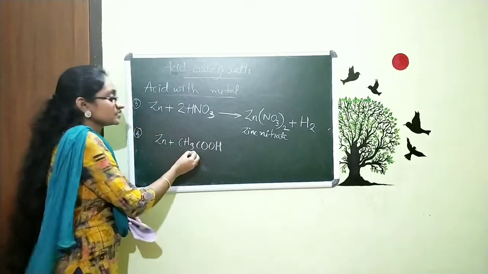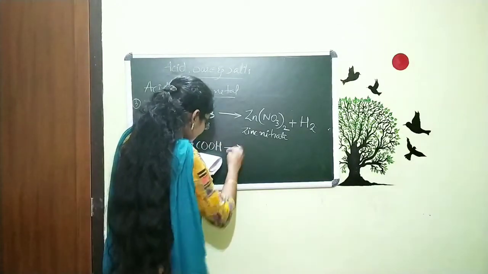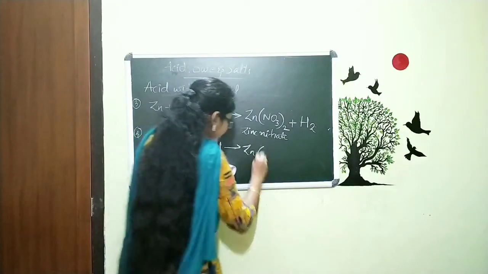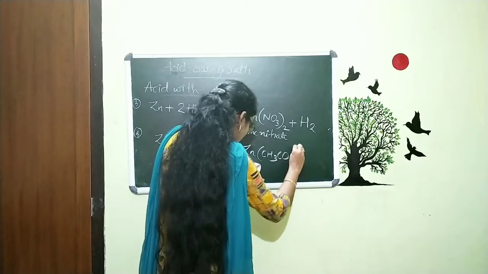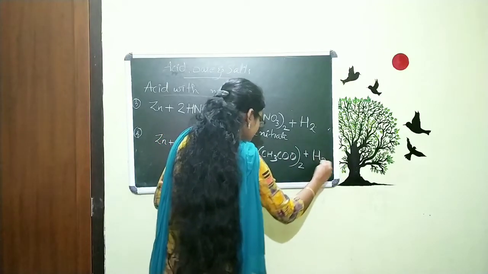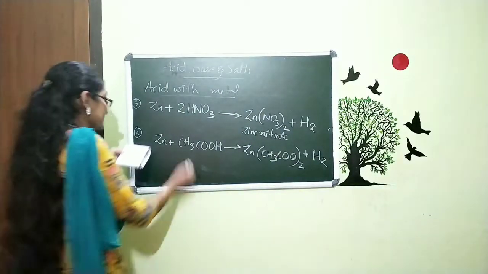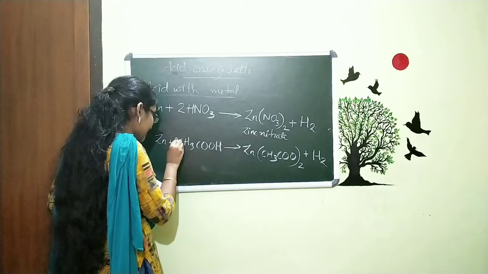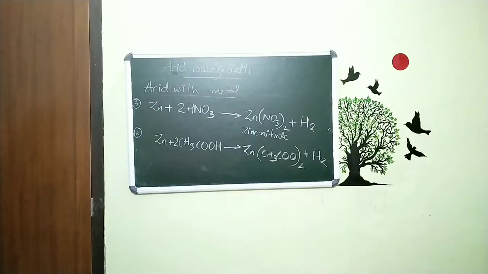So, the equation is Zn plus 2CH3COOH gives Zn(CH3COO)2 plus H2. When you observe, this equation is unbalanced and we can balance it by adding 2 here. So, the equation is like this.